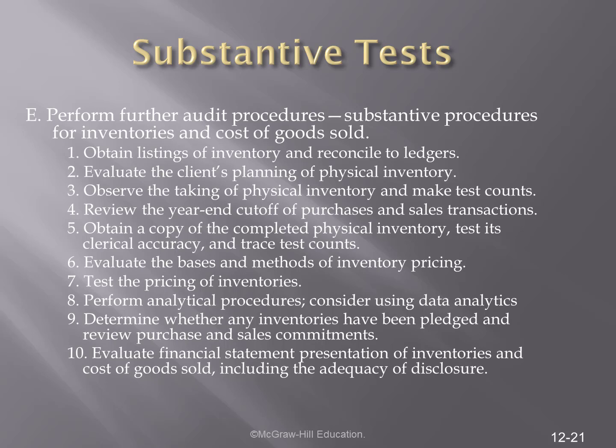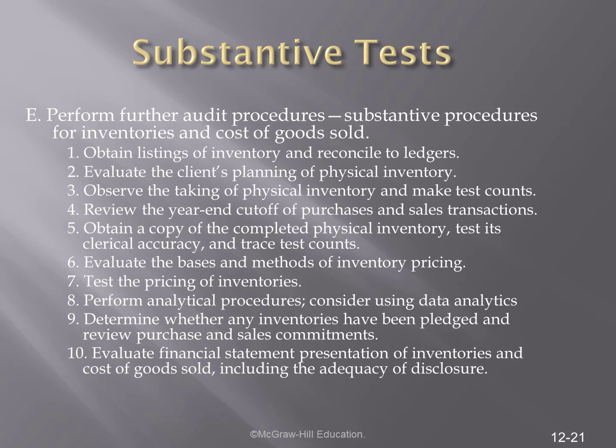We want to review the year-end cutoff of purchases and sales transactions, obtain a copy of the complete physical inventory, test for its clerical accuracy, and trace test counts, evaluate the basis for inventory pricing, test the pricing of inventory.